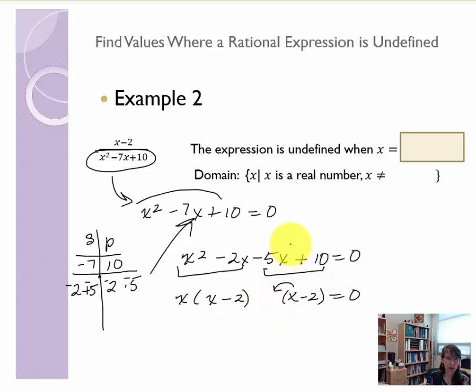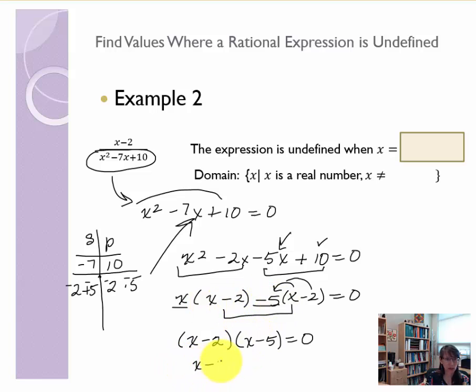To fill in the gap, we're trying to match negative 5x. So negative 5 times x will match, and negative 2 times 5 will match the 10. To factor our greatest common factor out, we have quantity of x minus 2. The other factor is x and the minus 5.